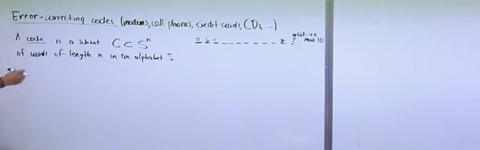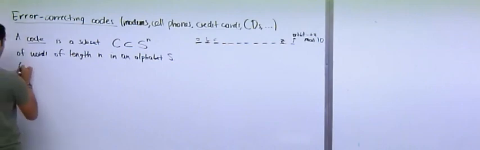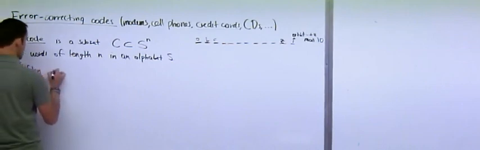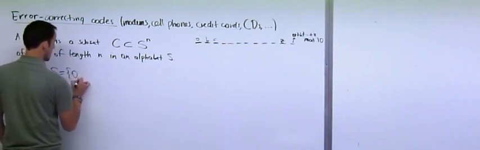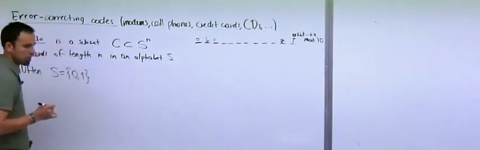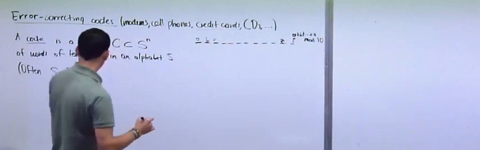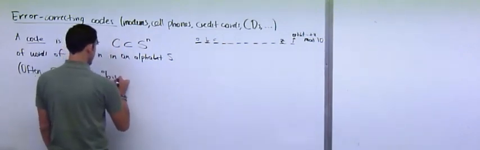And so a word is just a collection of zeros and ones. So very often, the alphabet is just zeros and ones. Okay. And these are called binary codes.